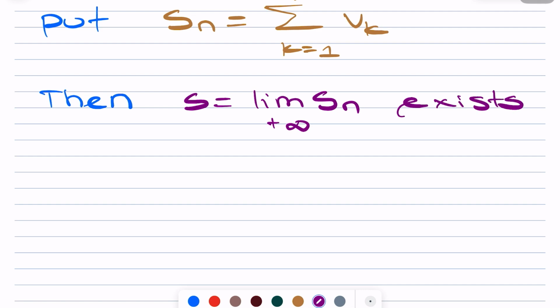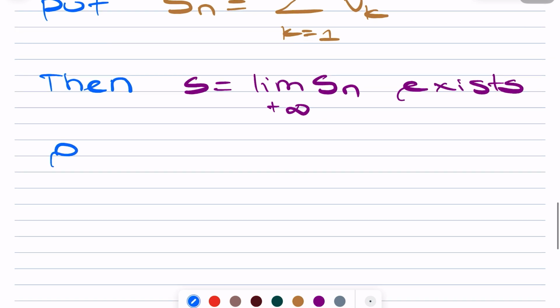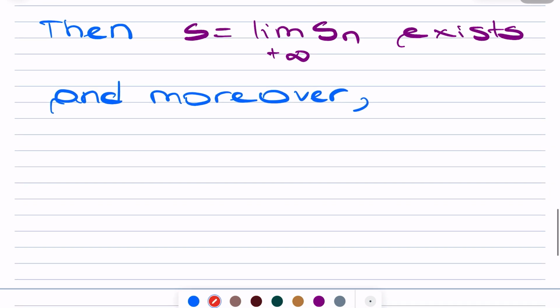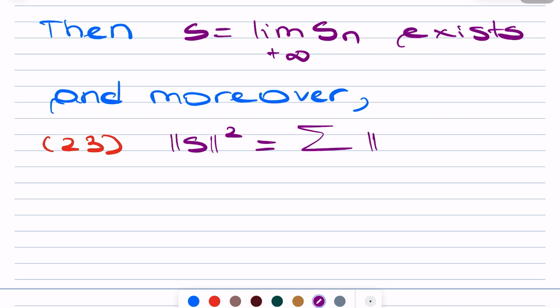And moreover, relation 23 also holds. This is: the norm of S squared is equal to the summation of the norm of the vk squared, k running from 1 to infinity.